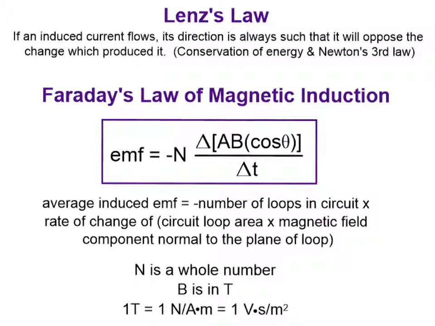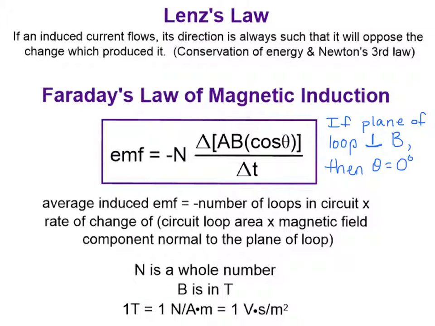A couple more things to note about this equation. What is theta? Theta is the angle between the magnetic field and the normal line that is drawn to the plane of the loop. So, in essence, if the plane of the loop is perpendicular to the magnetic field, then theta equals 0.